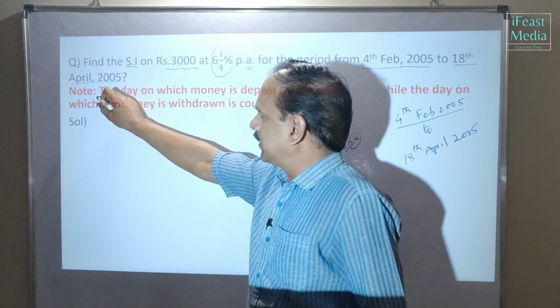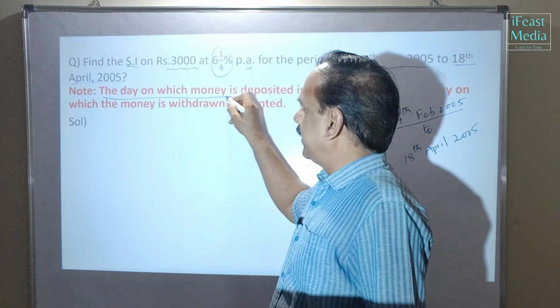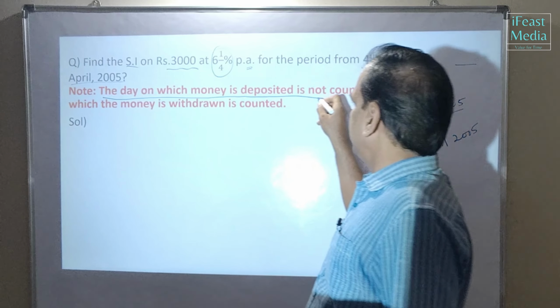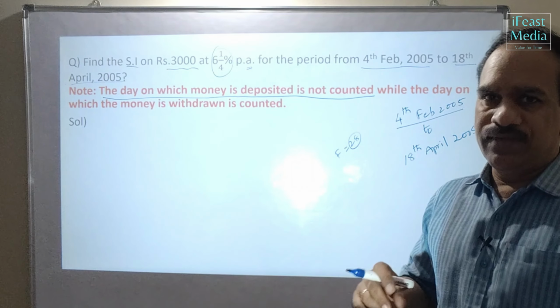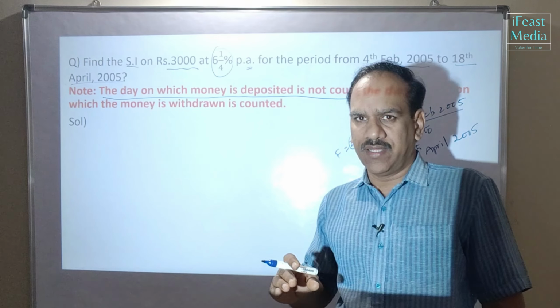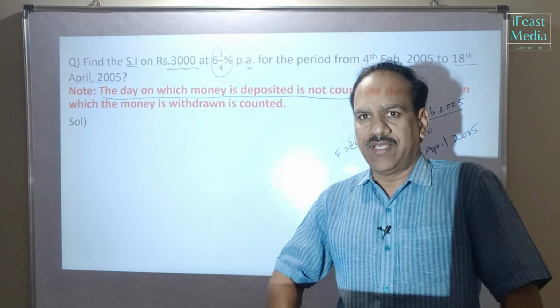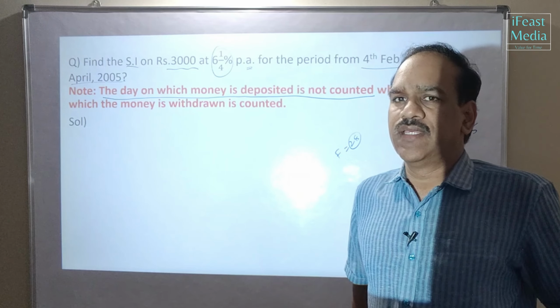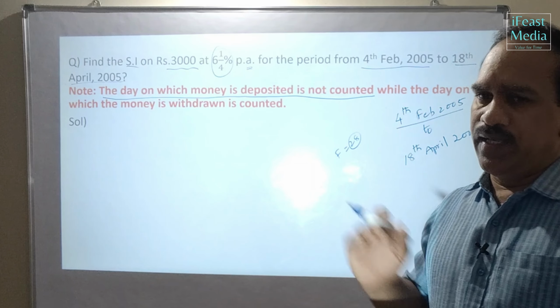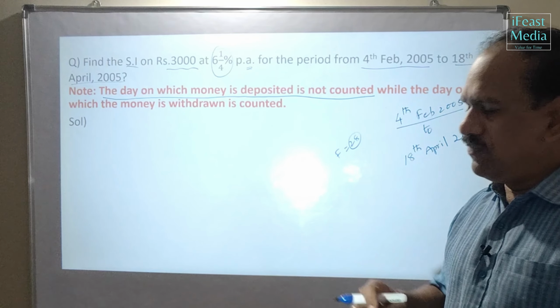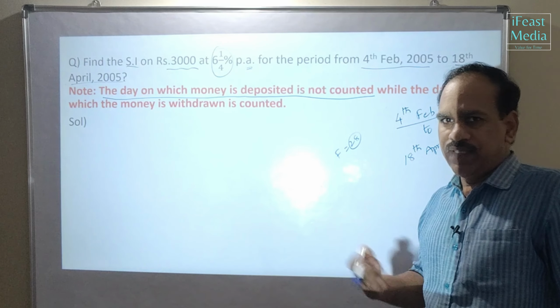The most important thing here we should remember is the day on which money is deposited is not counted. Why? Because you deposit some money on a particular day and you withdraw on the same day, you will not be getting any interest. Interest will be calculated for at least one day, right? On the same day, if you deposit and withdraw, one day is not counted.